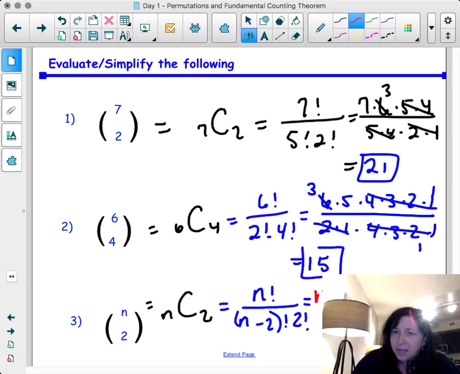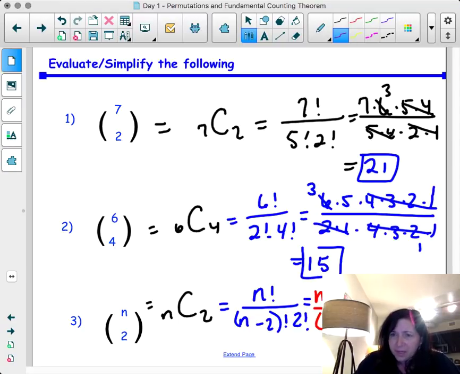So this will be n times n minus 1, and then n minus 2, and then n minus 3, and keep going. Now this one starts off with n minus 2, but then the next one will be n minus 3, and so on. And then you've got 2 times 1.